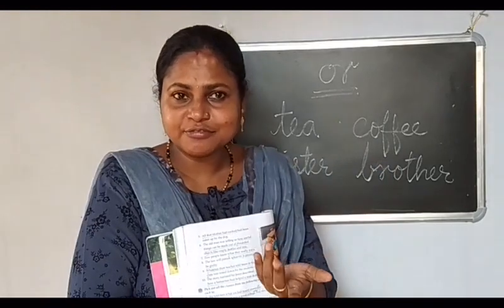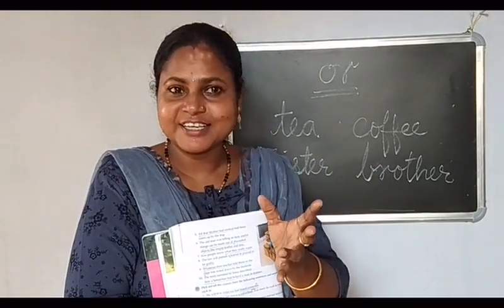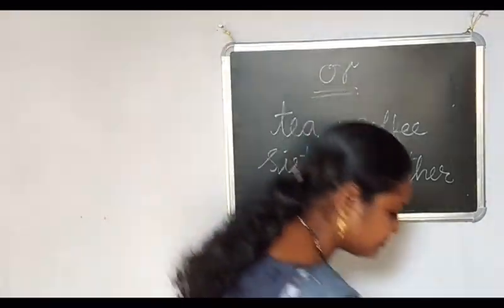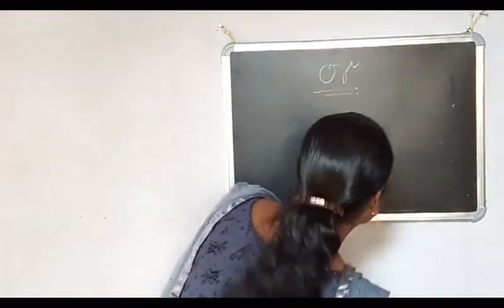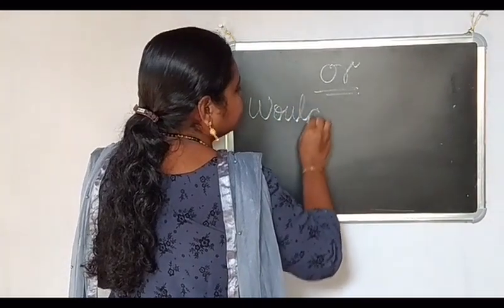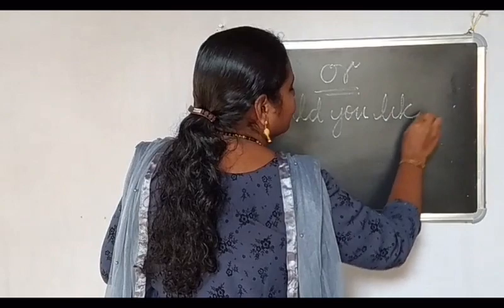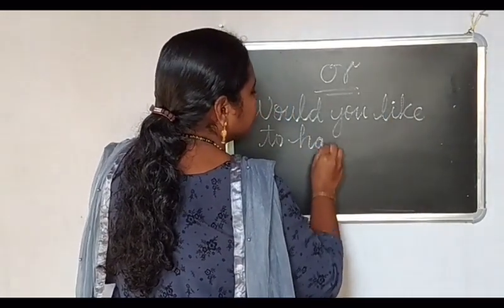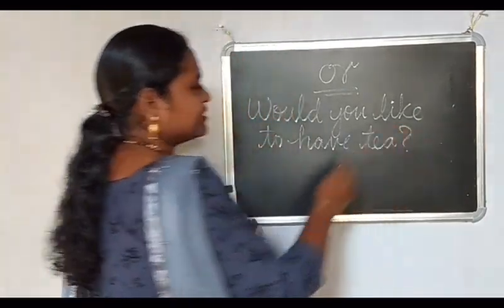Would you like to have tea? Would you like to have coffee? Two sentences. Then how can we connect? Would you like to have tea? That is the first sentence.